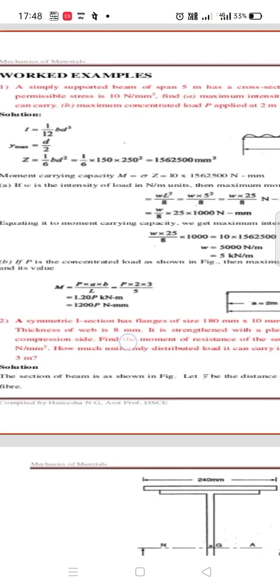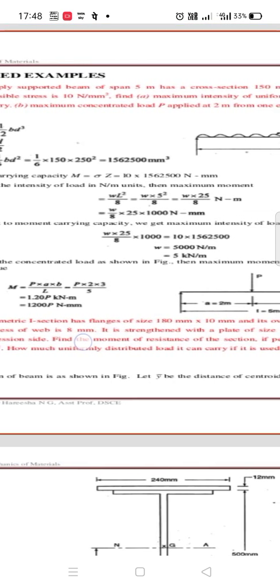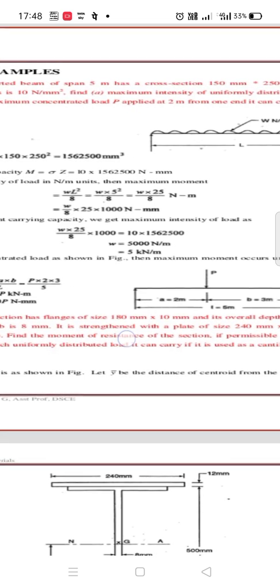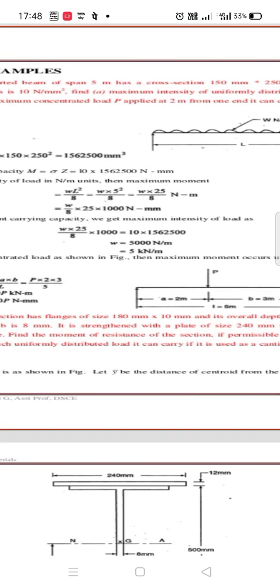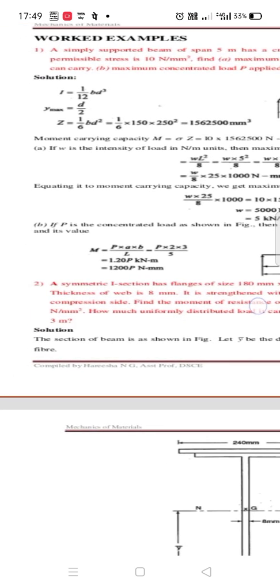The moment of carrying capacity gives the maximum intensity of load: W into 25 divided by 8 into 1000 is equal to 10 into 15,62,500. W is equal to 5000 Newton per meter. Converted into kilonewton, now 5 kilonewton per meter.